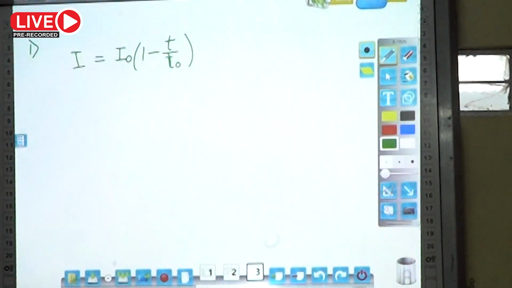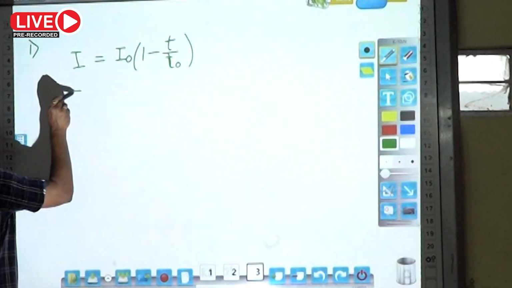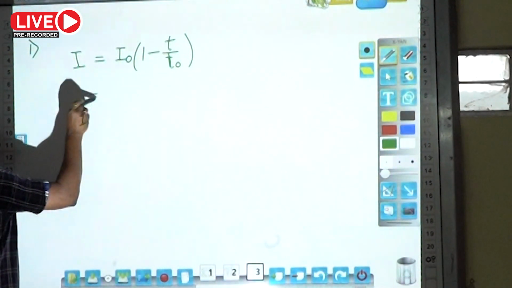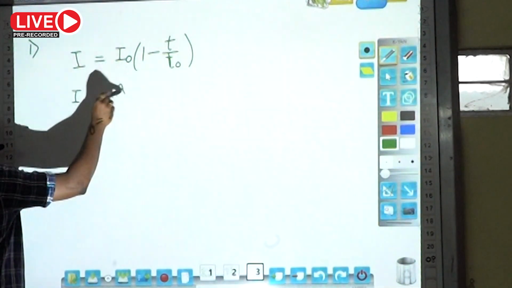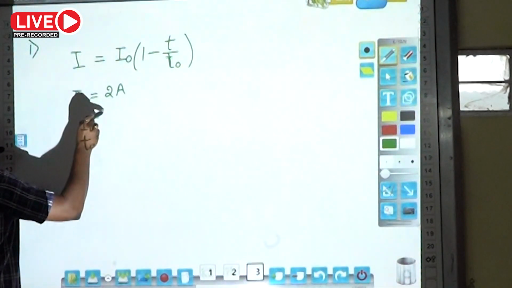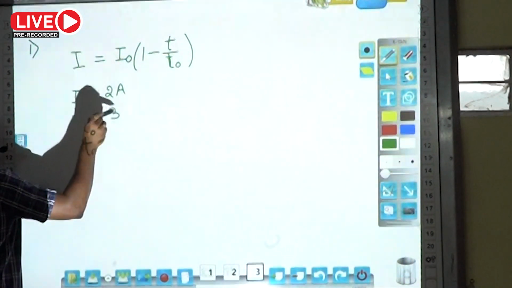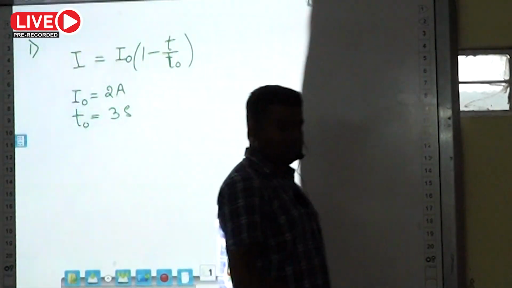Now it is given that I naught equal to 2 ampere and T naught equal to 3 second.